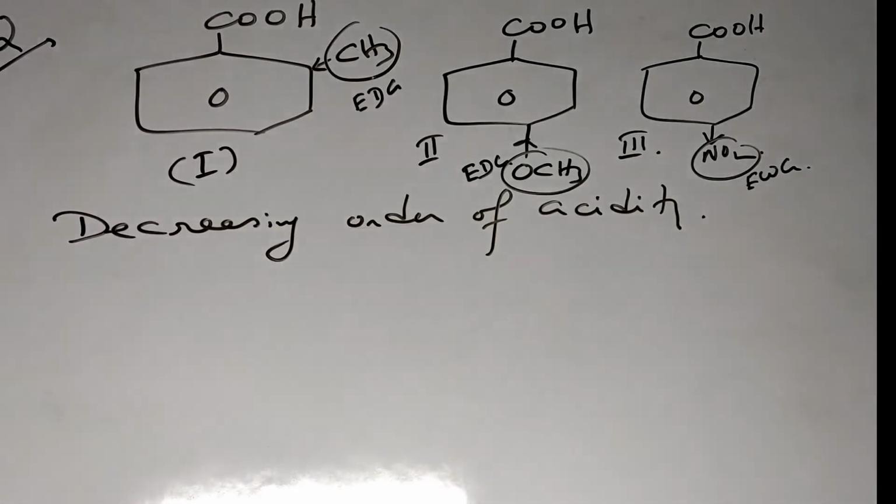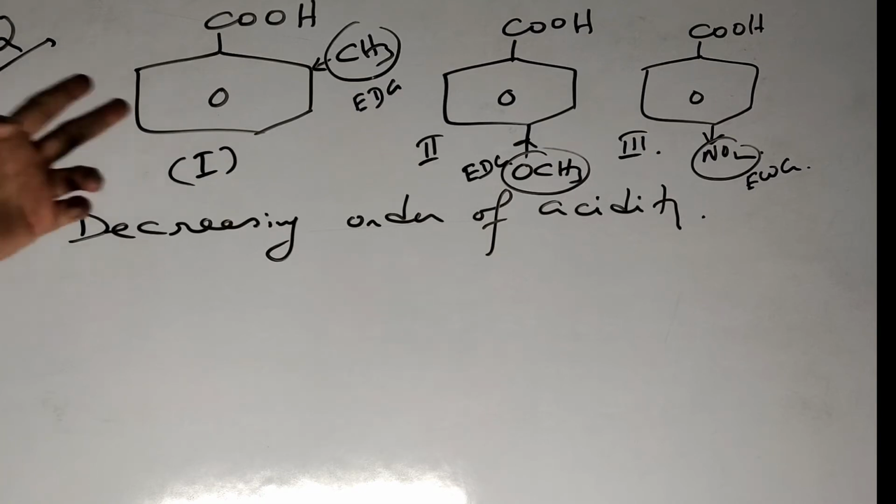So I know you say, sir, it's very easy. 3 is the strongest acid because it has electron withdrawing group. But wrong. 3 is not the strongest acid, though nitro has electron withdrawing nature. It withdraws electron by minus I or minus R, but it is wrong.